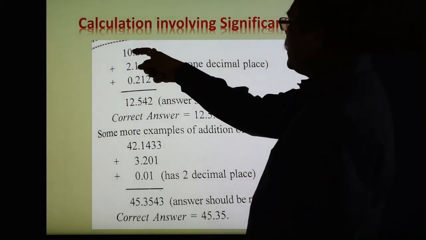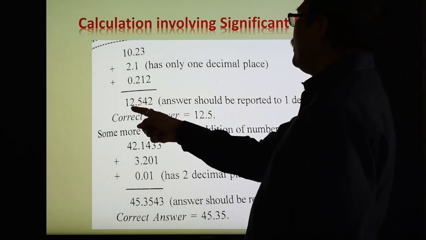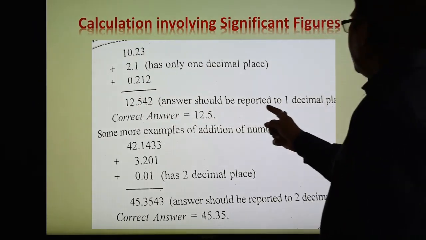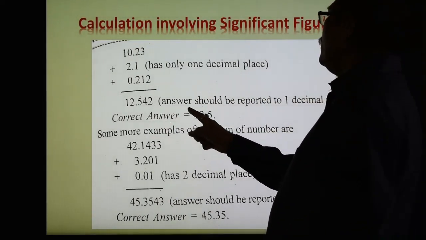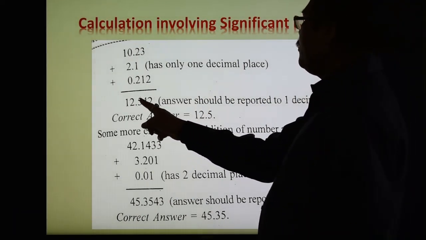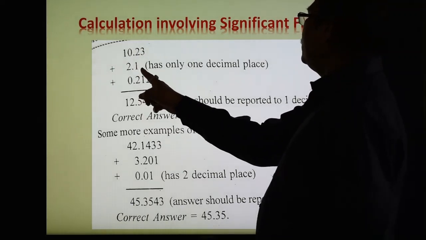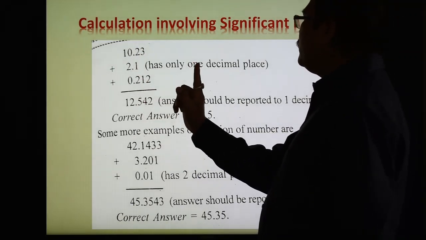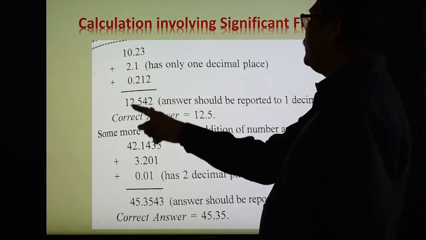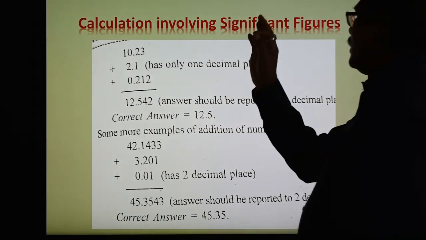After addition we get 12.542, but the answer should be reported up to 1 decimal place, so the correct answer is 12.5. So 12.5 is the correct answer.